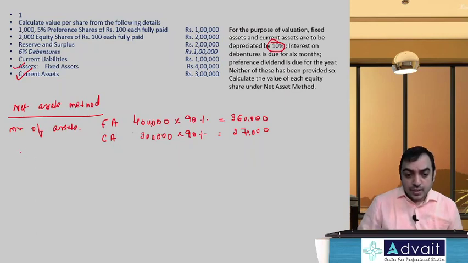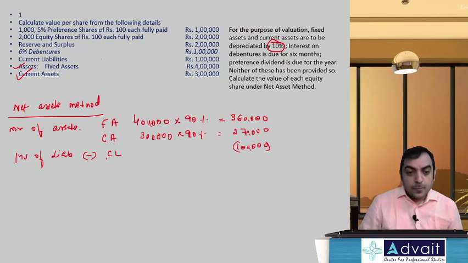That's all the asset side. Liabilities now. Market value of liabilities, we have to subtract. We don't have any other market value. We have current liabilities, which is 1 lakh. Subtract as it is.